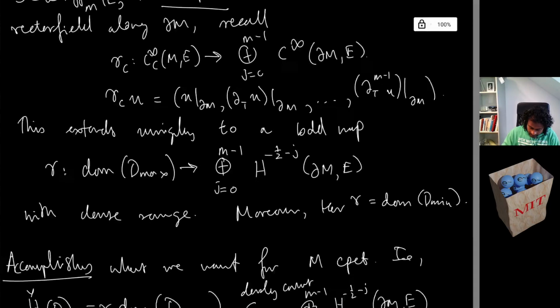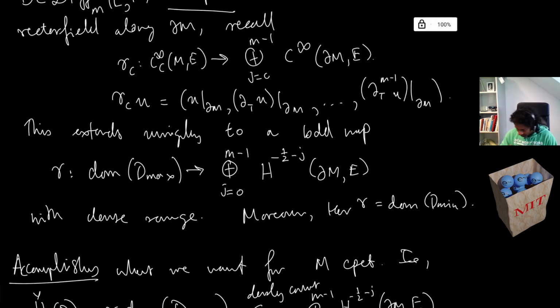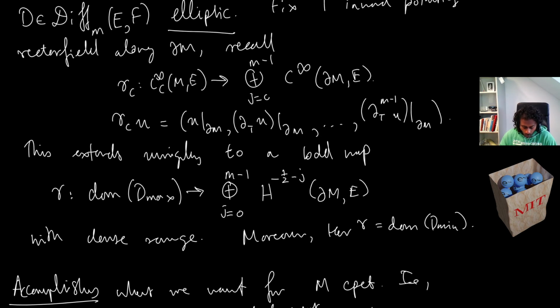So this is an order m operator. Very, very good question. So the question was, given two operators of order m, the maximal domain fluctuates.